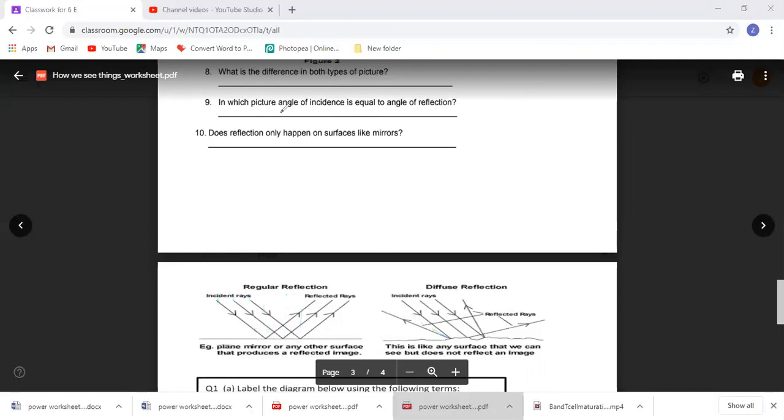Now, in which picture is the angle of incidence equal to the angle of reflection? But remember, these rays can have different angles of incidence and different angles of reflection. But remember, class, that as per the law of reflection, the incident angle should be equal to the angle of reflection.